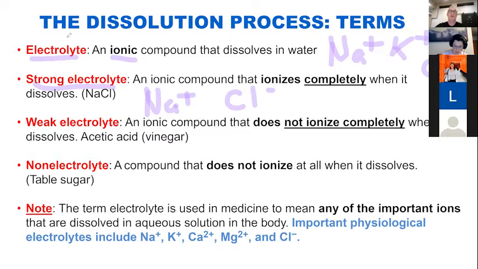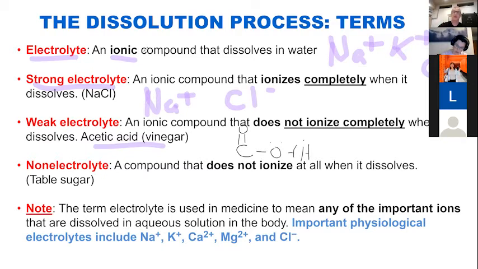On the other hand, when I dissolve something like acetic acid, which is an organic acid, remember, an organic acid looks like this. We've got this carbon double bonded to oxygen, and then single bonded to oxygen with a hydrogen.